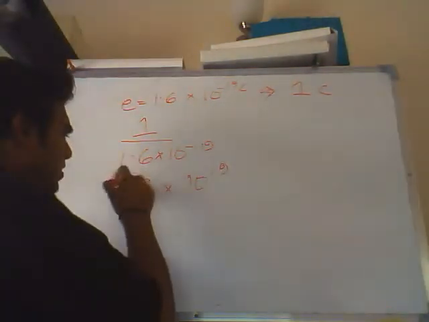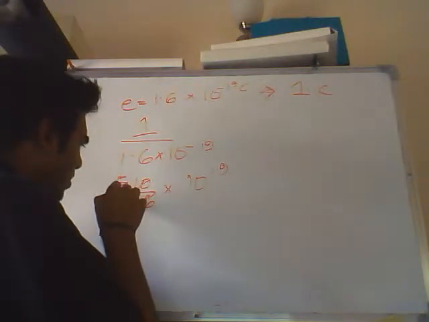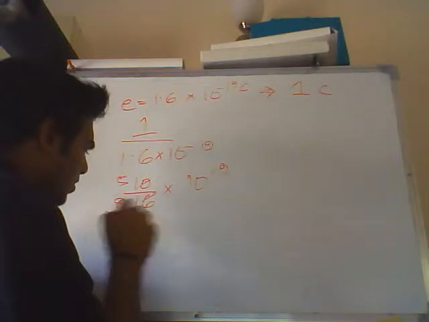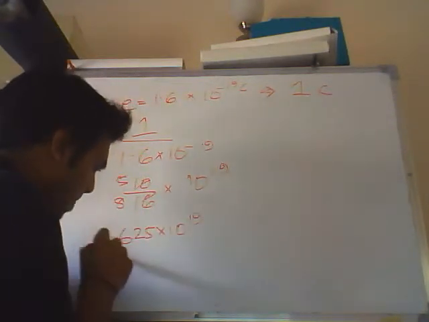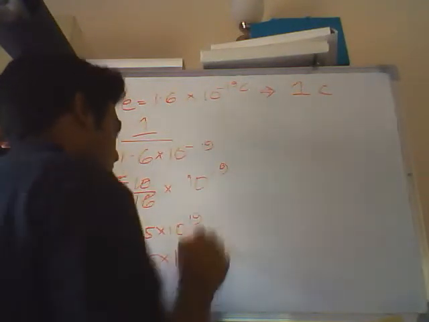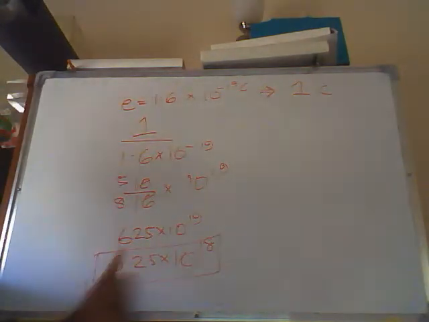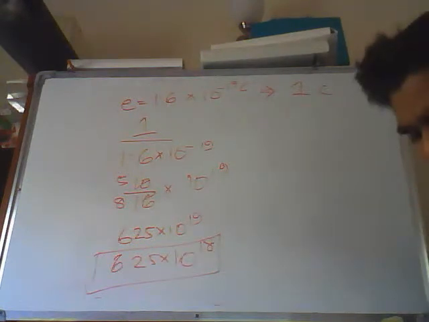This is 5 by 2 times 10 to the 19. Let's just say 6.25 times 10 raised to 18. This many.